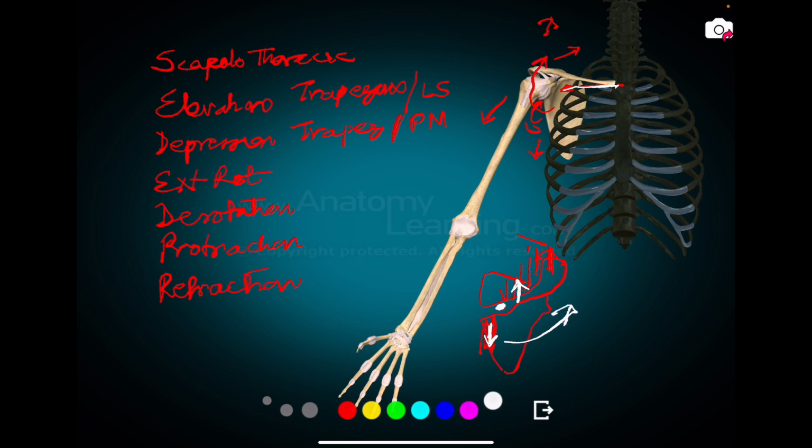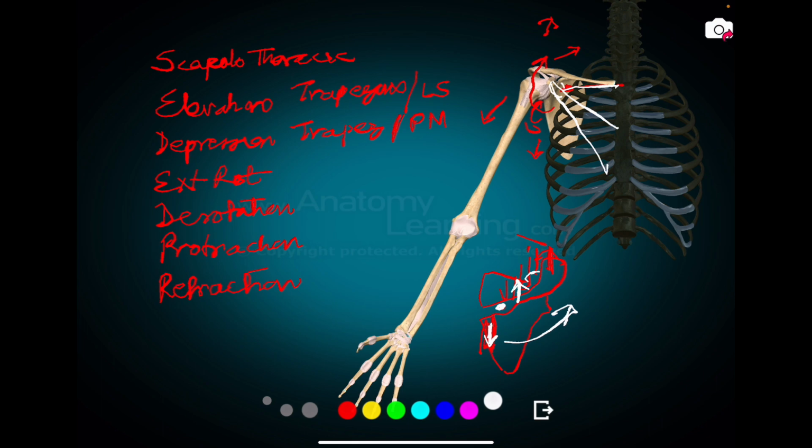The pectoralis minor, attached from the coracoid process to the ribs, would cause derotation of the scapula. So the coracoid process, which is somewhere here, when it is depressed, will cause derotation of the scapula.